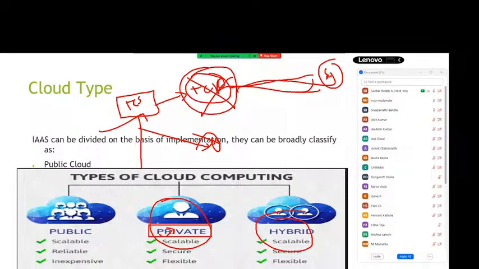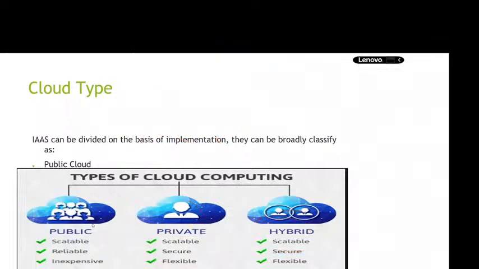A few applications run in public and some applications run in private. If we establish a connection between these two and access everything overall, we call it hybrid. But hybrid is costly, more flexible and secure as well, and also high cost. I will let you know how to do the tunnel later.